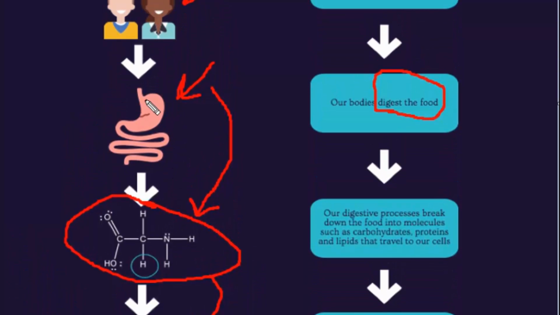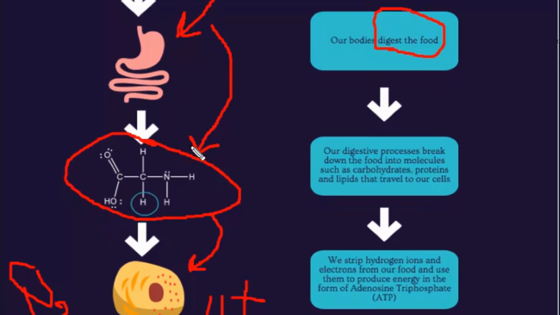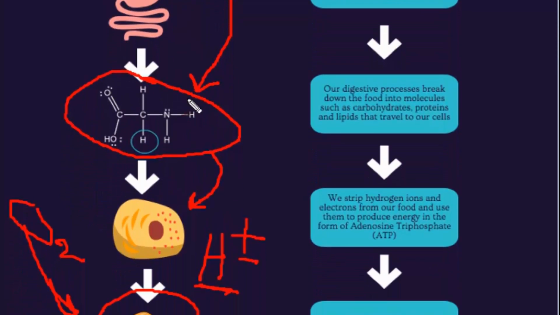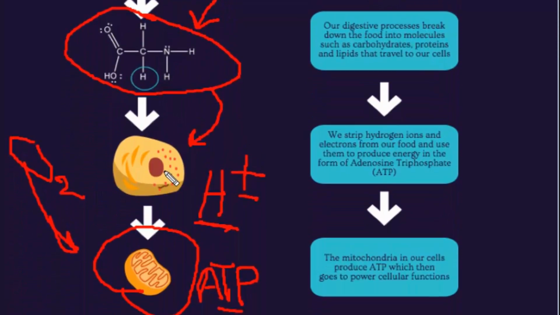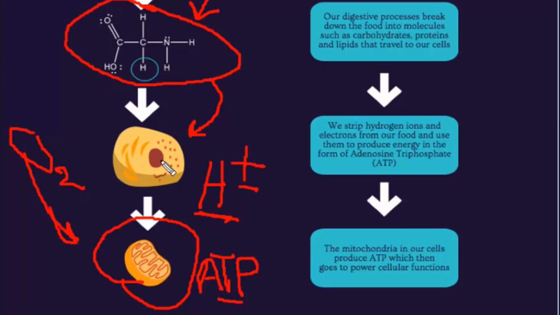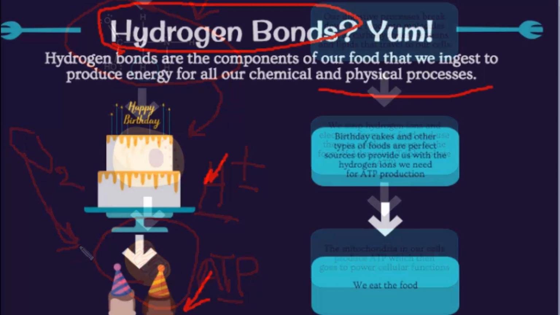So, the intestinal system here breaks up the various components of the proteins, carbohydrates, and lipids that are then transferred by way of the blood to the cells. In the cells, our enzymes process those chemicals and strip off the hydrogen ion, which then goes to make a high energy compound called ATP in conjunction with oxygen.